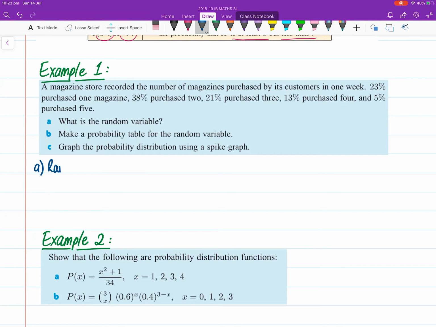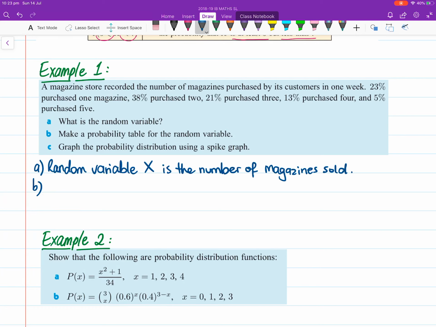So let me just write it down for you. So random variable, capital X, is the number of magazines sold. Very straightforward. And part B, oh, actually, I should write out the actual numbers as well.